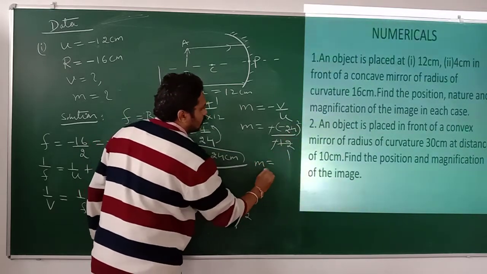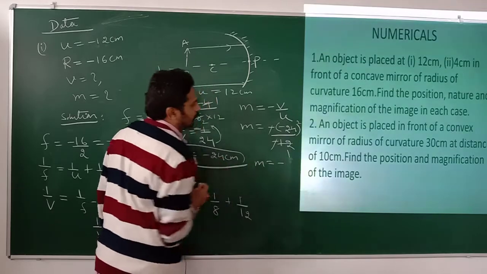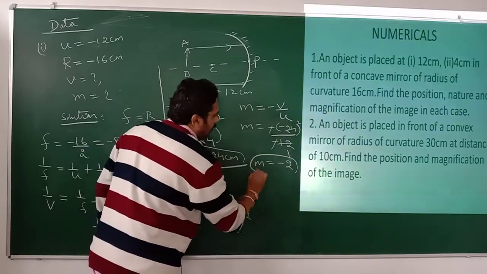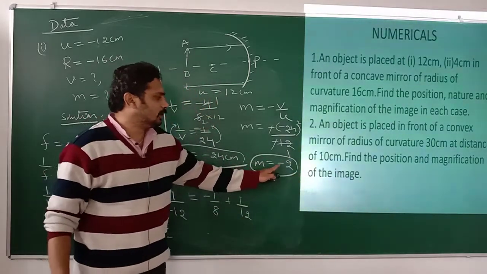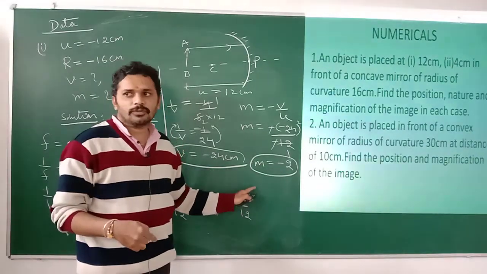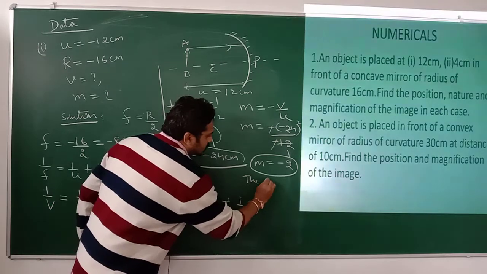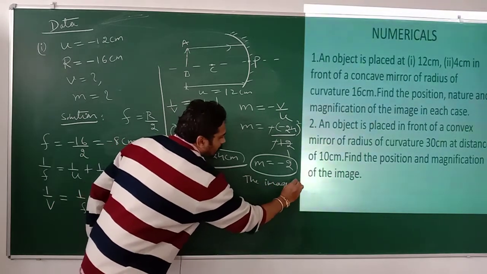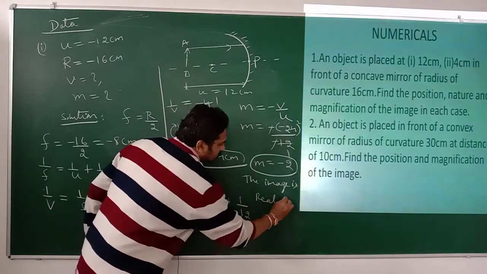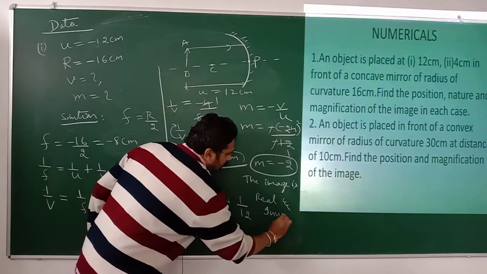Now M is equal to minus 2. Magnification negative means what is the nature of the image? Real and inverted. Therefore, the image is real and inverted.